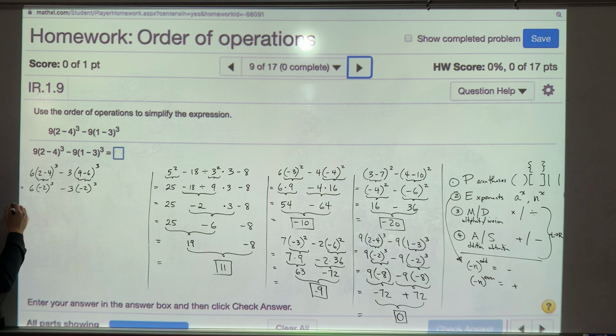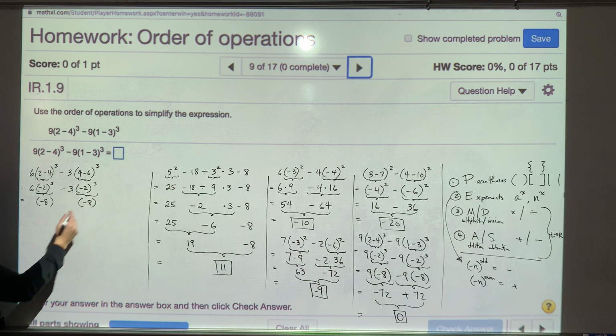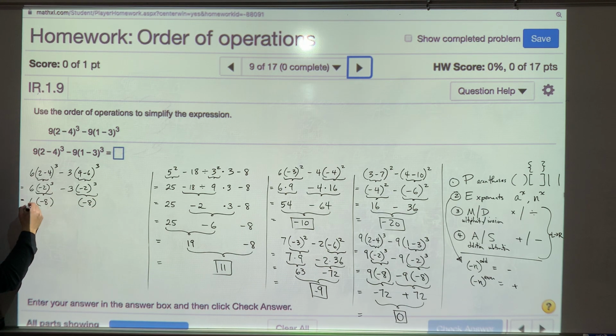What do we do next? The exponents. Exactly. So we've got a negative 2 to the third and another negative 2 to the third. Tell me what they become. -8. Of course, yes. Good. Tell me, left to right, what it should look like. 6 times -8 minus 3 times -8. Did you happen to leave the negative 8's in parentheses? Awesome. Good.